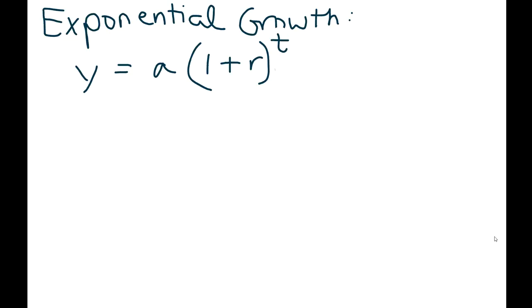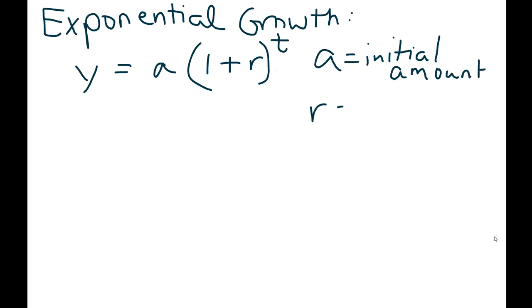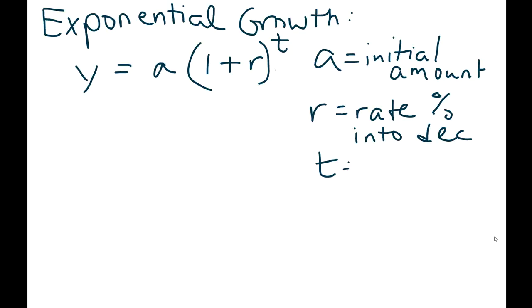So that's the exponential growth. A stands for initial amount, and again, they will have to give you that information. The r stands for a rate, and you're going to want to make sure that you change that percent into a decimal. And the t stands for time.